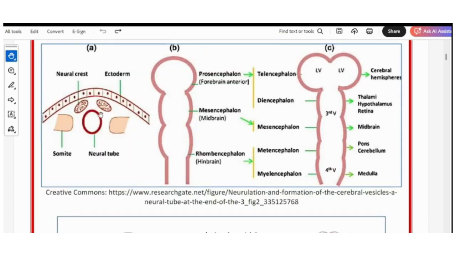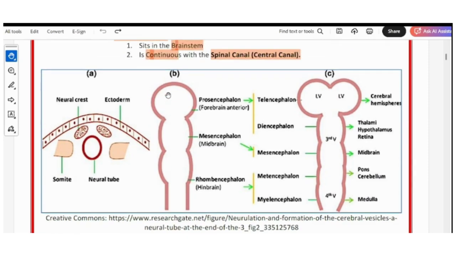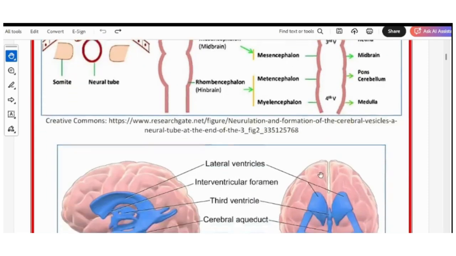Here we can see this is the ectoderm, neural crest, this is the neural tube, and this is the somite. Here further development happens. From this we have forebrain, midbrain, hindbrain. Now it further develops into the two lateral ventricles. This is the third ventricle. Here we have the fourth ventricle. Between the third and fourth ventricle we have the cerebral aqueduct.